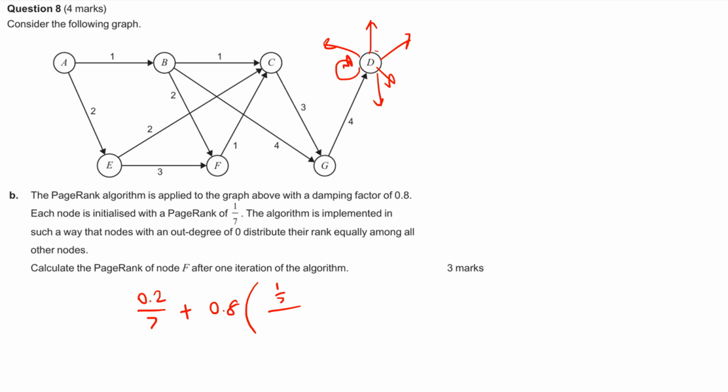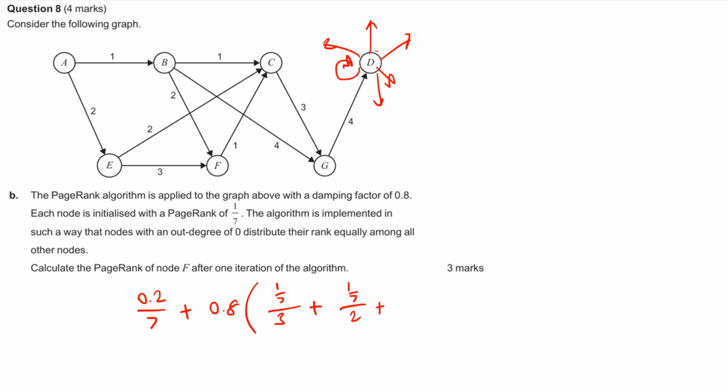And B has 3 outgoing nodes. We can only get there from B or E. So E still has a rank, so they've all got ranks of 1 on 7 for that first iteration. E has 2 outputs.